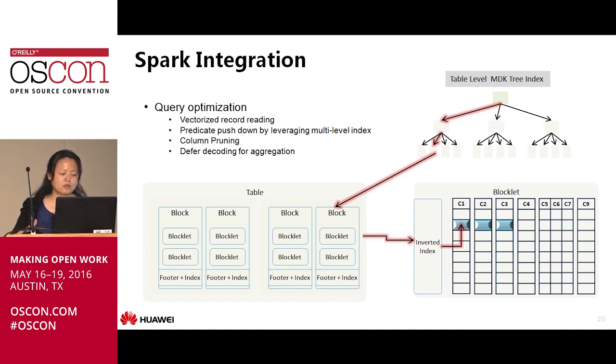This is a big optimization for aggregation type queries. In summary, this type of optimization we have done for Spark is applicable to any processing engine and framework. We have seen very significant performance speedups when querying carbon data compared to other columnar formats. We are going to share some performance results a little later.